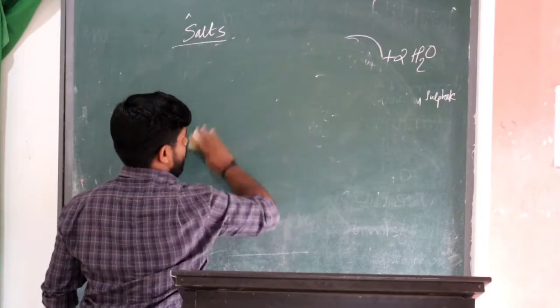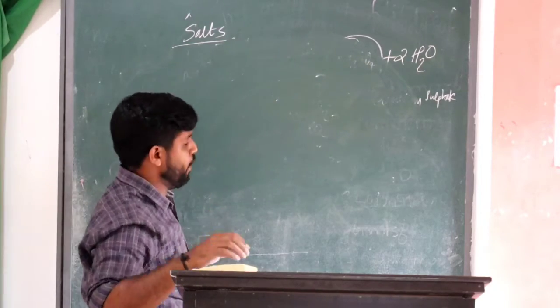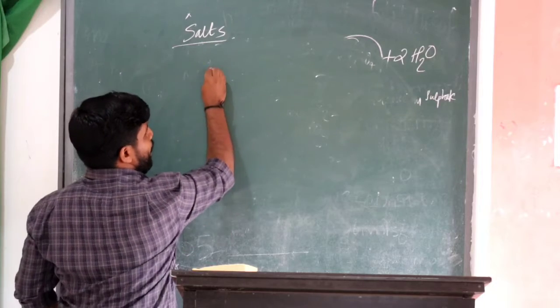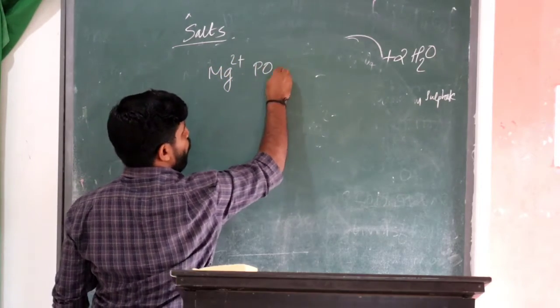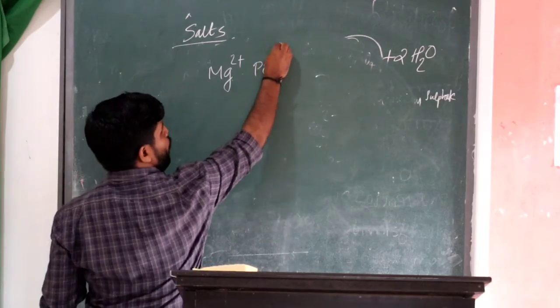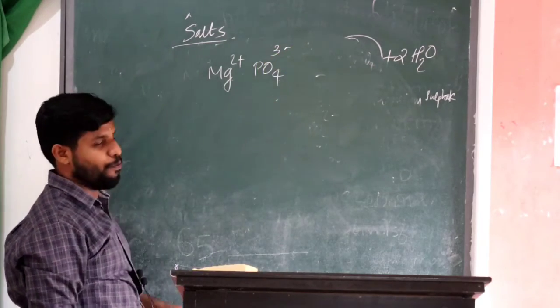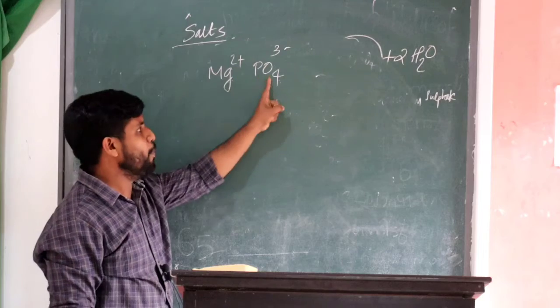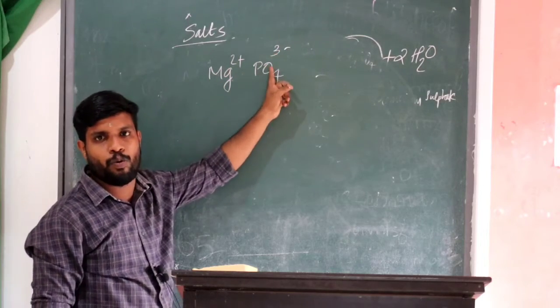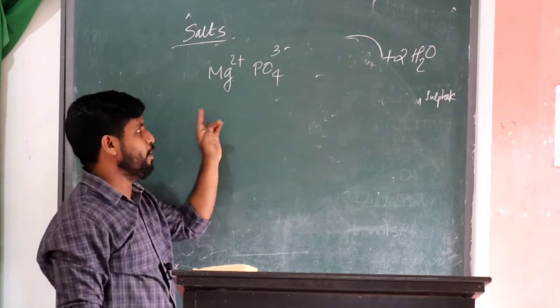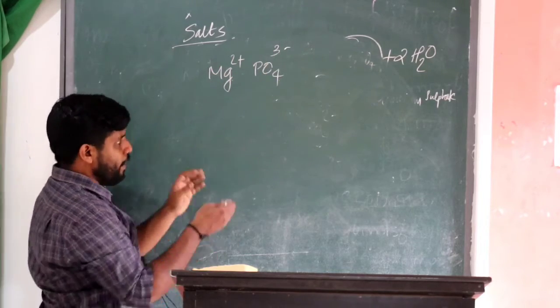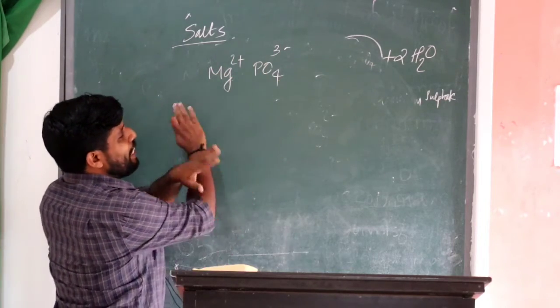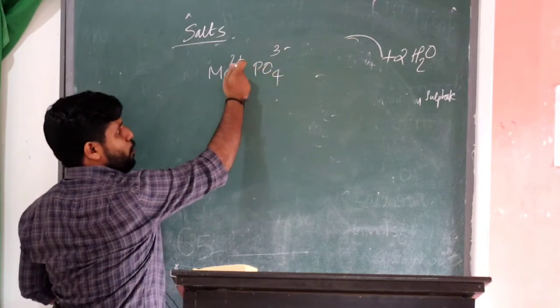The next one, magnesium phosphate. Magnesium phosphate means Mg2+ and PO4 3-. So Mg2+ ion, PO4 3-. In exams, they will give the values Mg2+ and PO4 3-. Next, you interchange the values, positive and negative value.